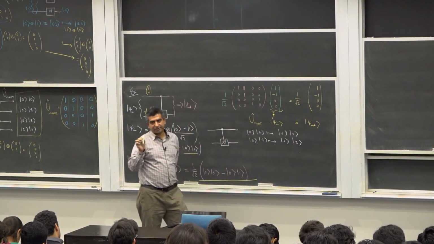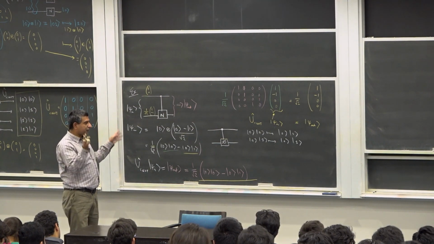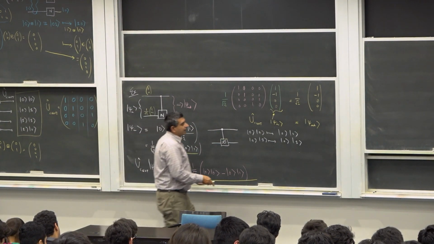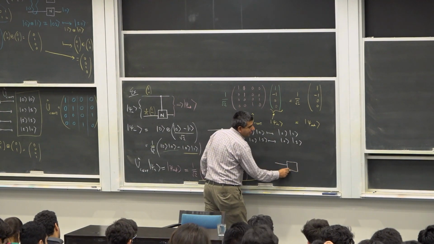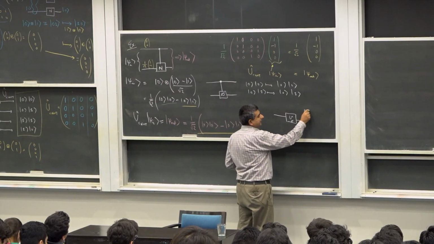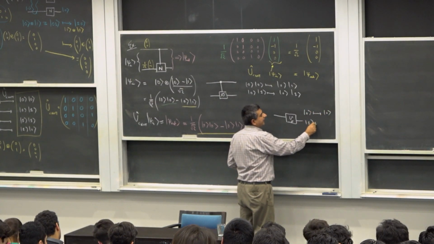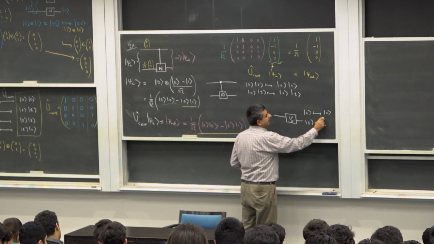And what does a phase gate do? A phase gate, if you just looked at the single qubit gate from our previous lecture, does the following. Nothing happens to ket 0, and if I'm fed in with ket 1, a phase factor is added.